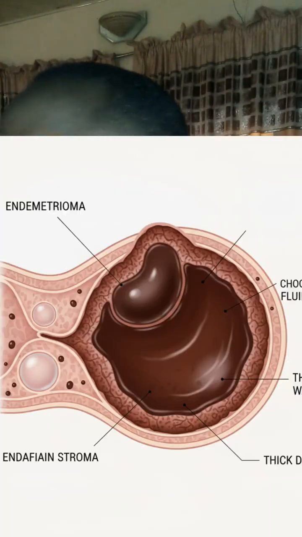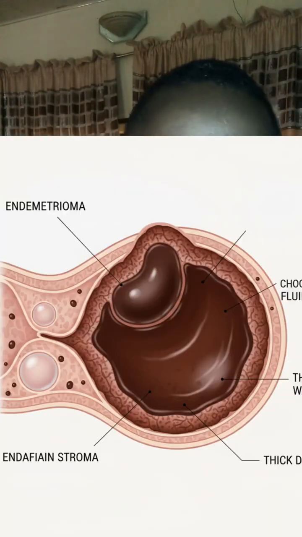So let's move on to the non-functional cysts. They are basically because of a sickness. There's a pathology happening that causes the woman to have an ovarian cyst. What are the things that could cause a non-functional cyst? Endometrioma.